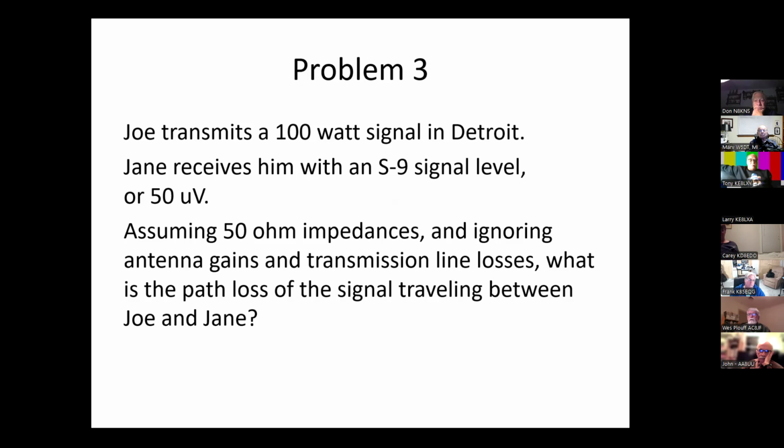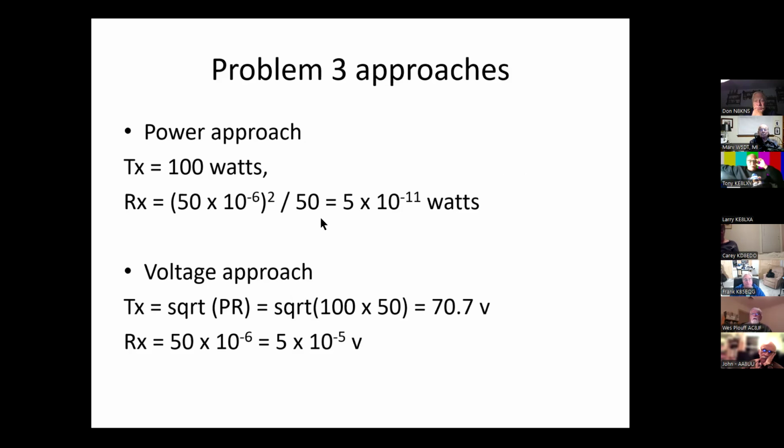Now this is a tricky one, because notice that the transmit signal is in watts and the receive signal is in microvolts. So what you have to do first is change things to the same units of measure.